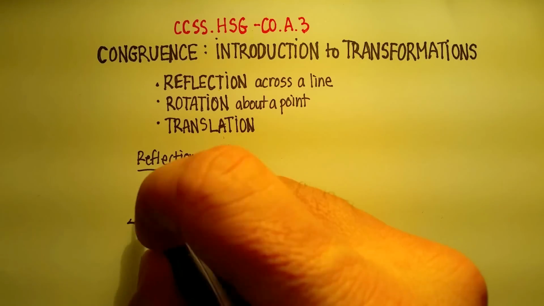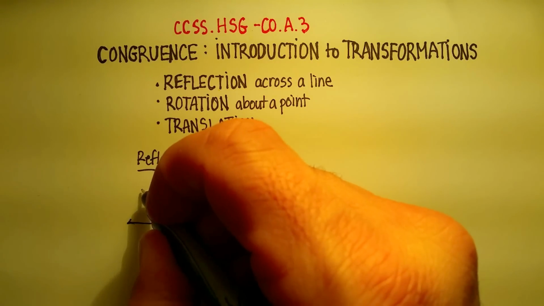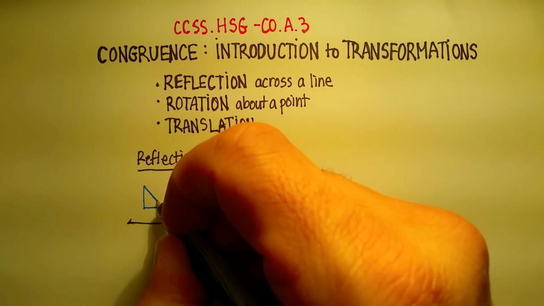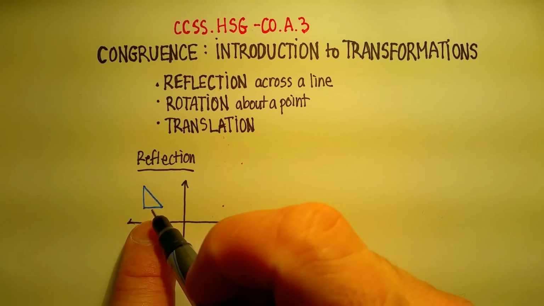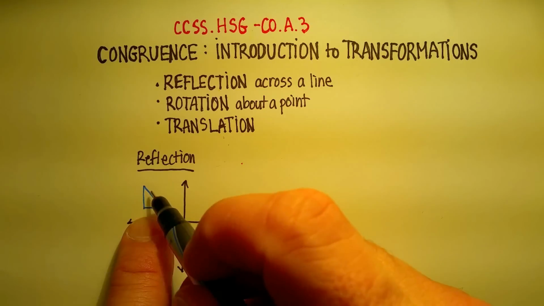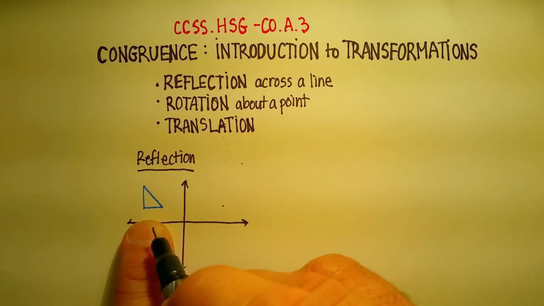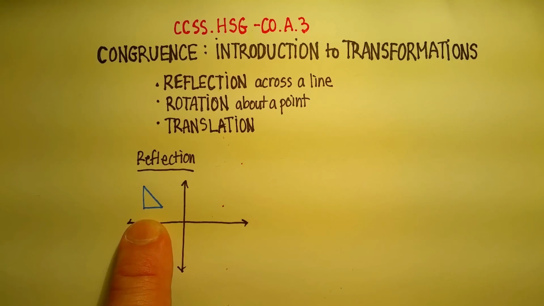So let's say we have a right triangle, okay? And it has a particular length of the sides, hypotenuse, the long legs are a particular length, that sort of thing. And notice that I've written it in blue, okay? And I'm going to keep this color scheme going.